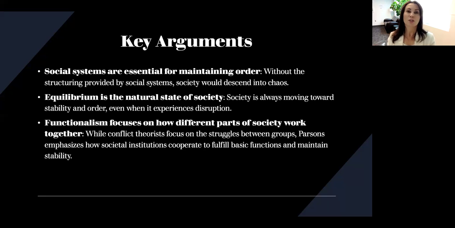Although we change it, it usually stays stable, and equilibrium explains that very well. Functionalism focuses on how different parts of society work together, while conflict theories focus on struggles, inequalities, changes, and all other stuff. Structural functionalism tells us how societal institutions cooperate and fulfill basic functions and maintain stability in society.